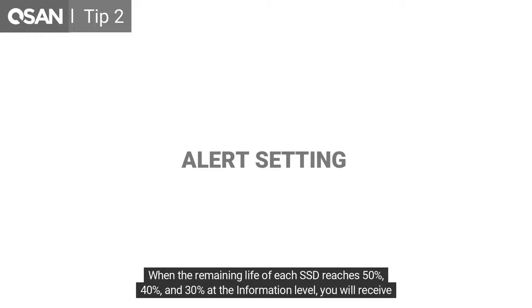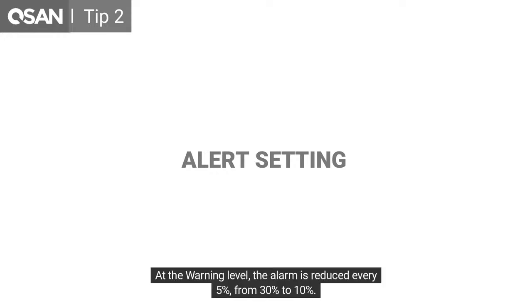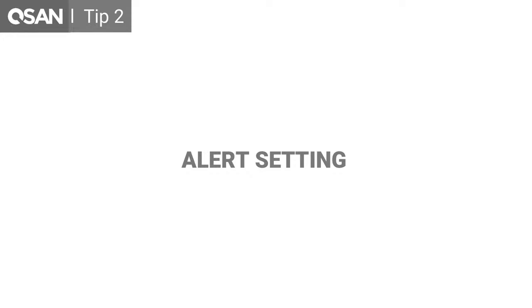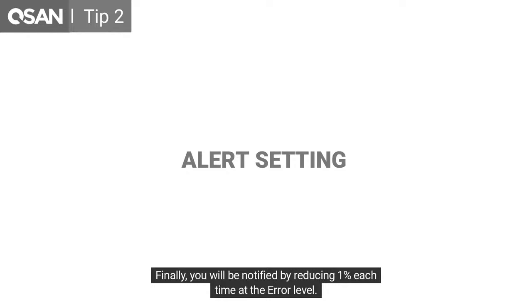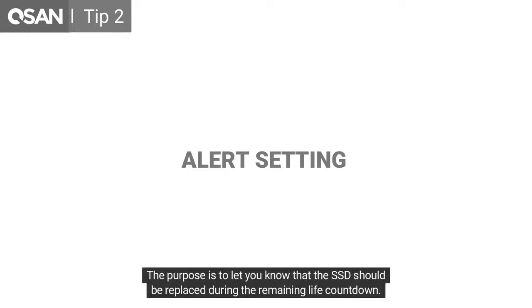When the remaining life of each SSD reaches 50%, 40%, and 30% at the information level, you will receive a notification. At the warning level, the alarm is reduced every 5%, from 30% to 10%. Finally, you will be notified by reducing 1% each time at the error level. The purpose is to let you know that the SSD should be replaced during the remaining life countdown.